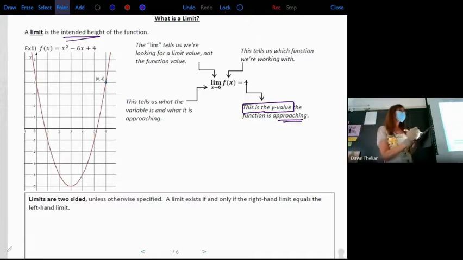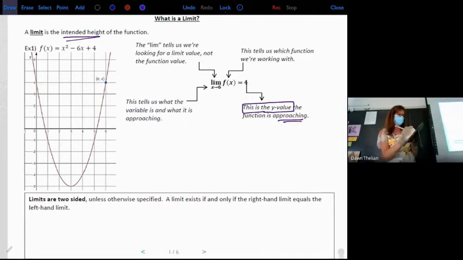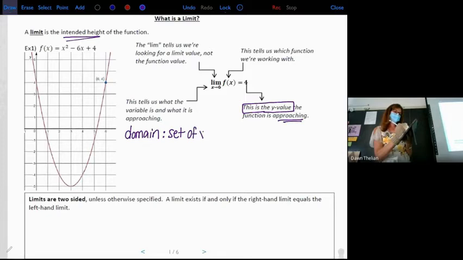Now, the x values are the domain. So let's just remind ourselves of some vocabulary. In this white space in here, we're going to fill in the definition of domain. That's the set of x values where f of x is defined.